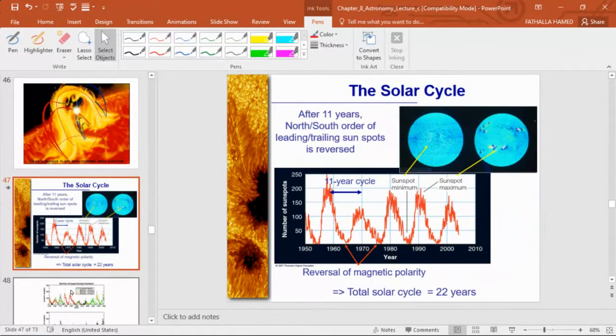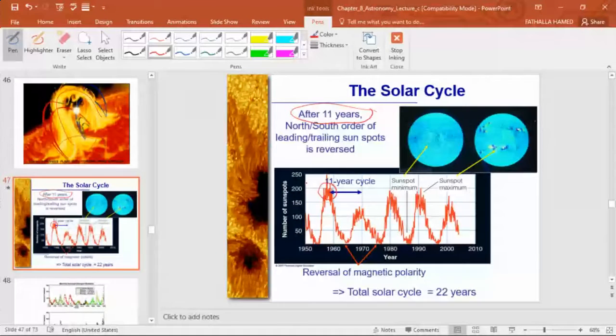Actually, in the process, these sunspots seem to have a cycle, an 11-year cycle. Scientists were looking at the number of sunspots, or the maximum number of sunspots.